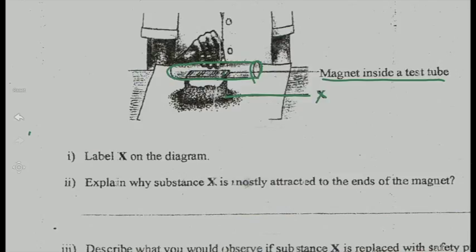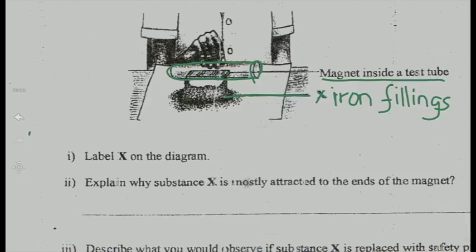Substance X here is the iron filings. We have to label it iron filings. Why do we say they are iron filings? They are iron filings because there is a magnet inside there.